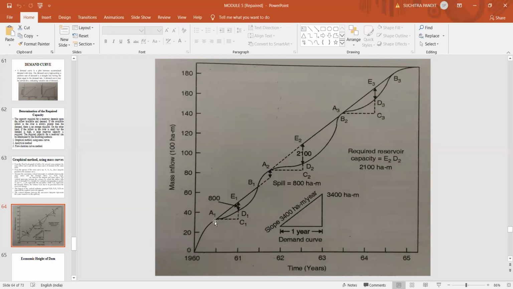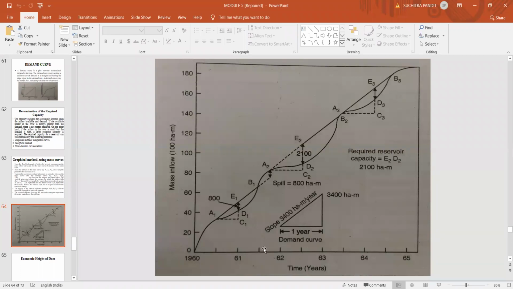Now, from the mass curve, we have to identify the peaks. The peaks of the mass curve are A1, A2, A3, A4. You have to identify these apices.